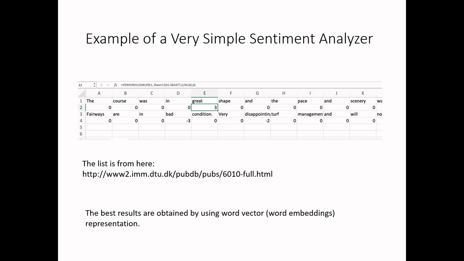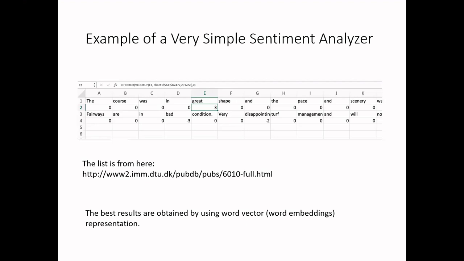But then you see the word "great," which is a positive word. From the list that we are using, "great" has a weight of 3, so we get a weight of 3 there. Everything else is 0. And then you have "fairways are in bad condition." So there is another word, but this one is negative.